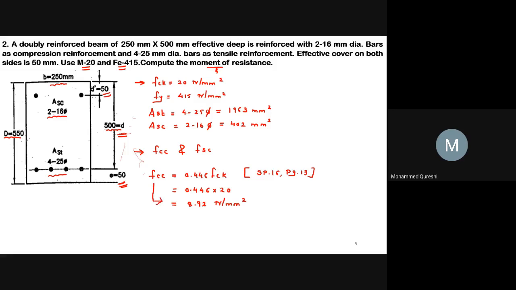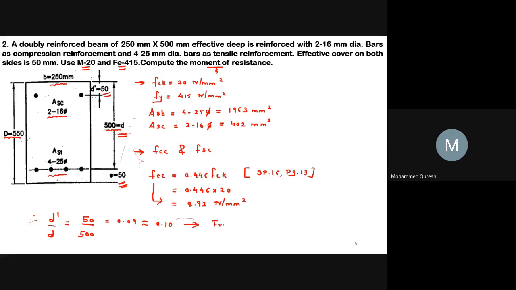Now, to find the value of fsc, we have to first find the ratio of d dash by d. As we know, the value of d dash in the given data is 50 and effective depth is 500. So we will get the ratio as 0.09, which is approximately 0.10.